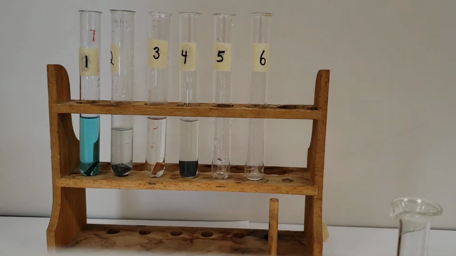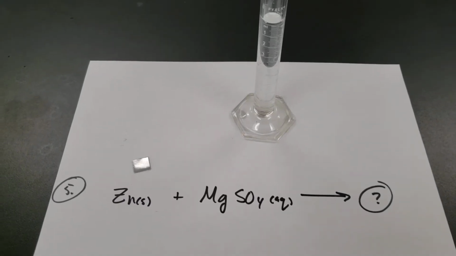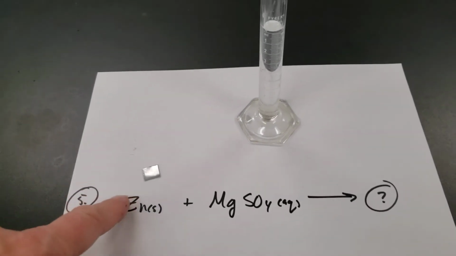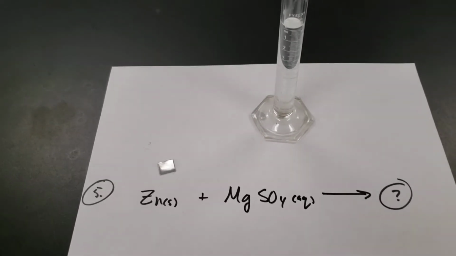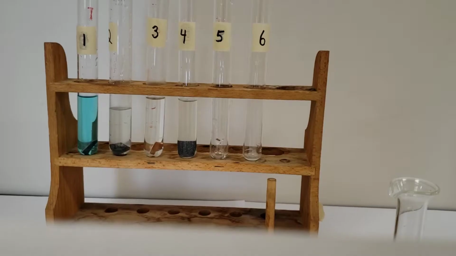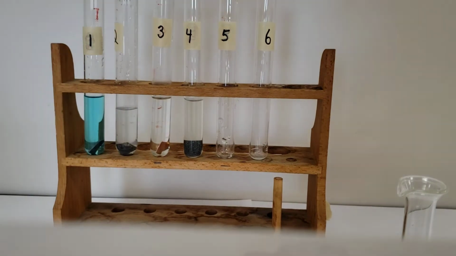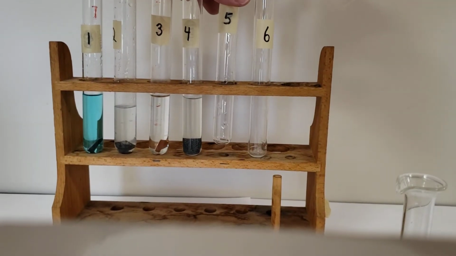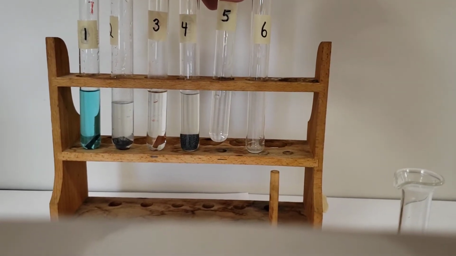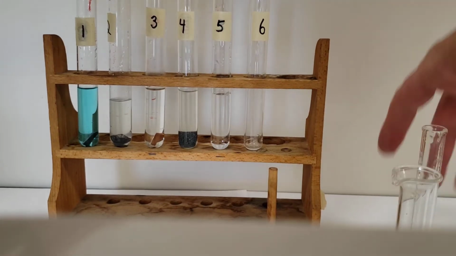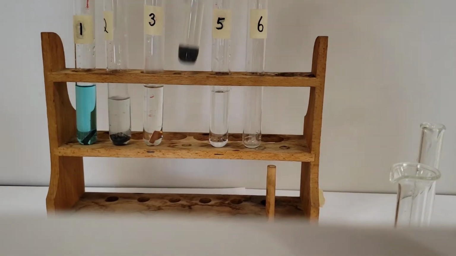And look at number 5. Number 5, we have solid zinc, adding it to a magnesium sulfate solution. All right, so we'll add number 5. Oh, and look at the previous one here, number 4. Take a quick look. Hopefully the camera can pick that up. So see what's going on there.